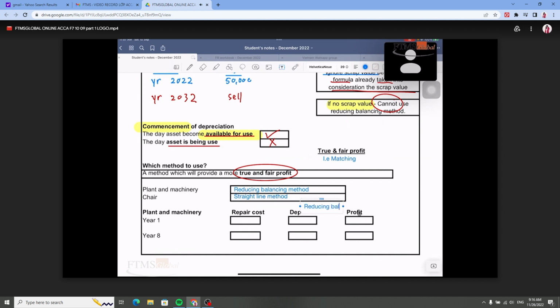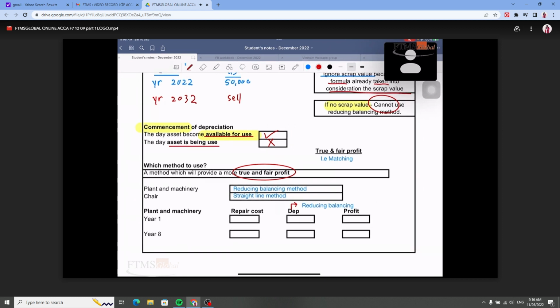Can I modify a little bit? Year one means early years. That's the meaning of year one. Then year 8, of course, means later years.